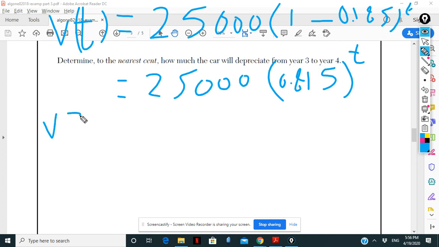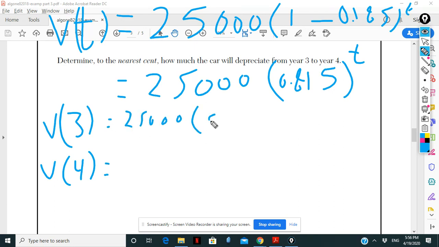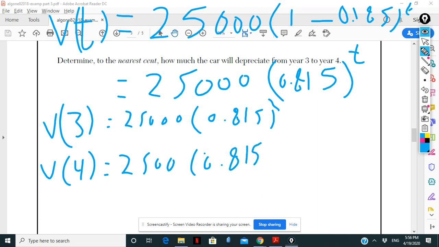Okay, now determine to the nearest cent the depreciation for the third year. So we want V(3) and V(4). So 25,000 multiplying by 0.815 to the power 3, and 25,000 multiplying by 0.815 to the power 4.